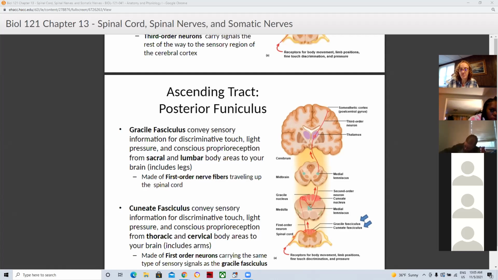The cuneate fasciculus is going to convey sensory information for discriminative touch, light pressure, and conscious proprioception from the thoracic and cervical body areas to your brain, including your arms and your chest and your neck.